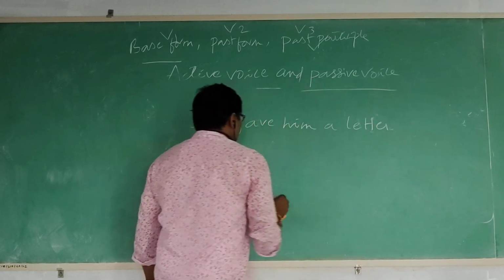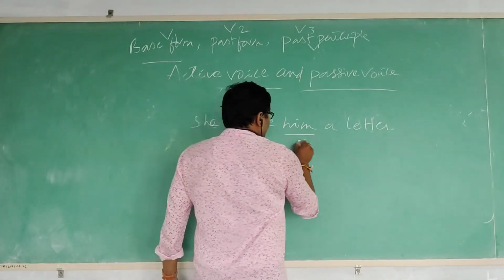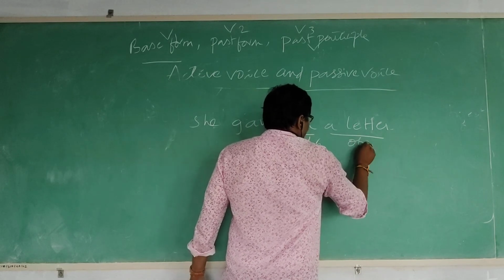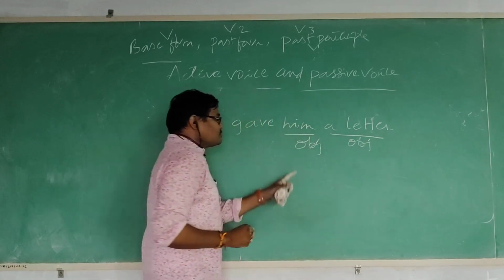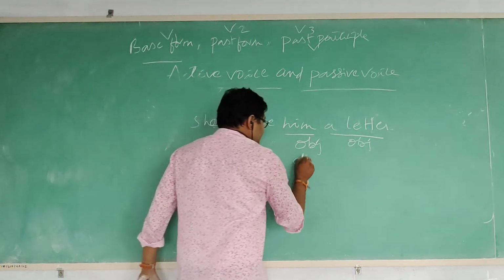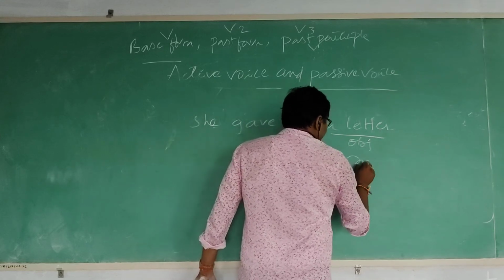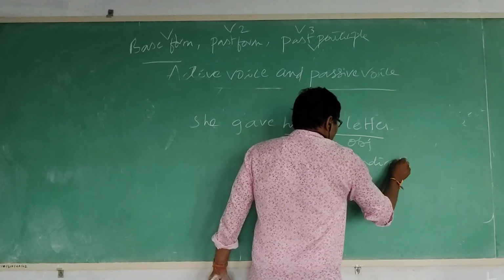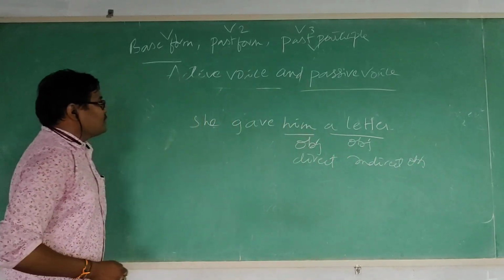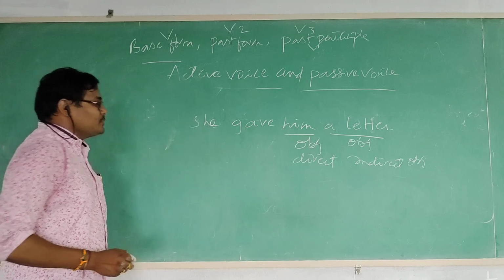See here, we can find two objects. This is one object and this is another object. This is called the direct object, and this is called the indirect object.